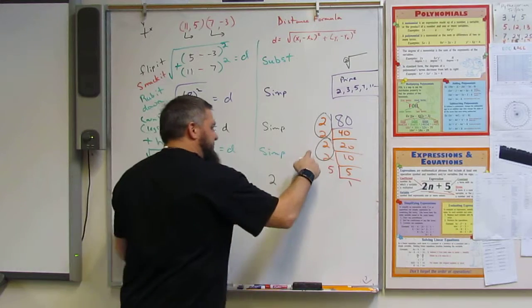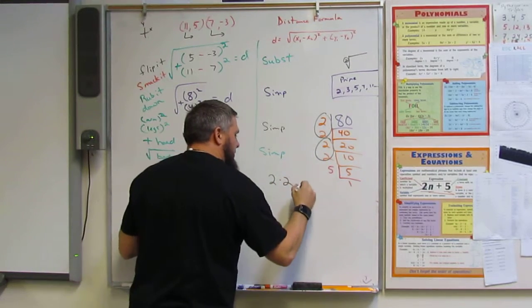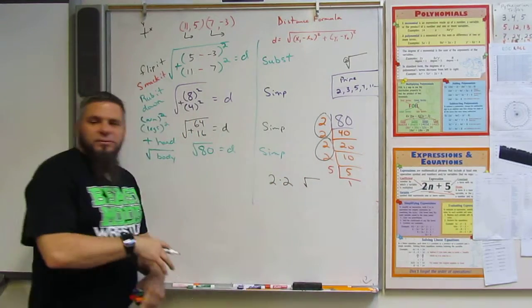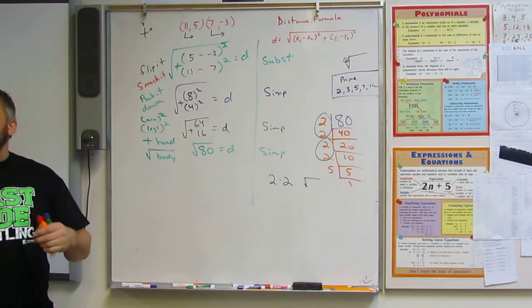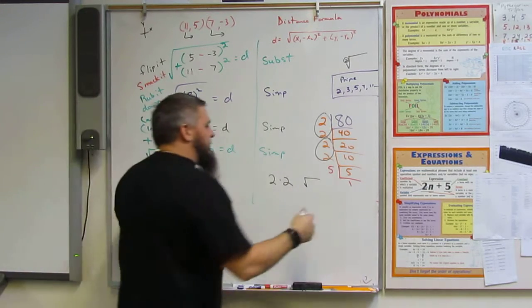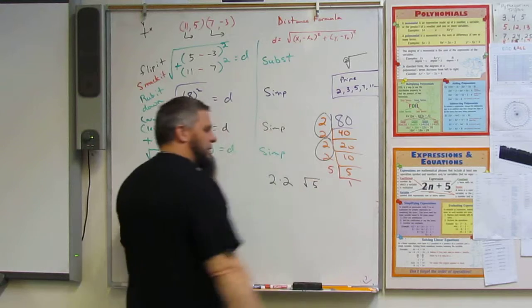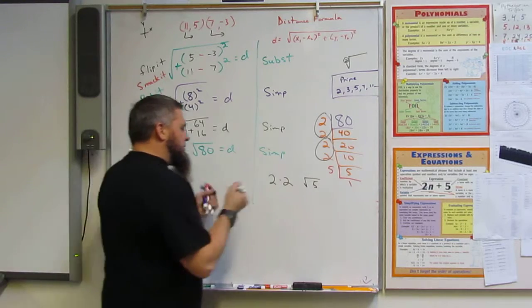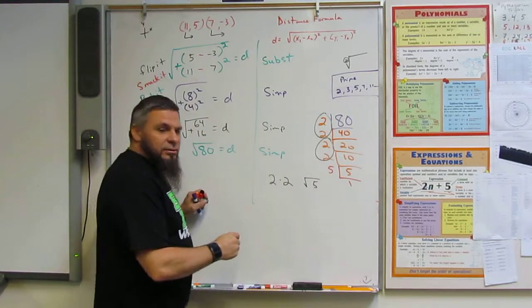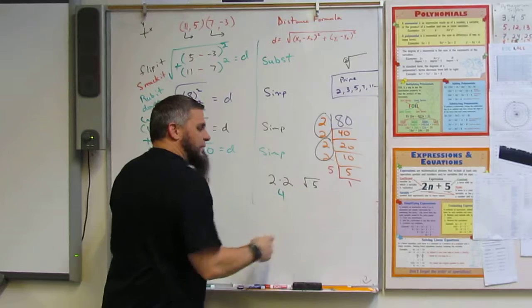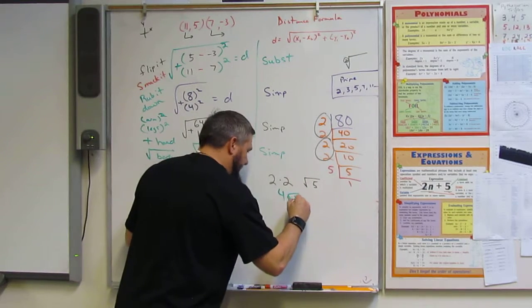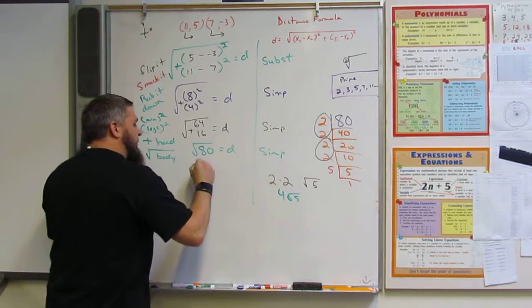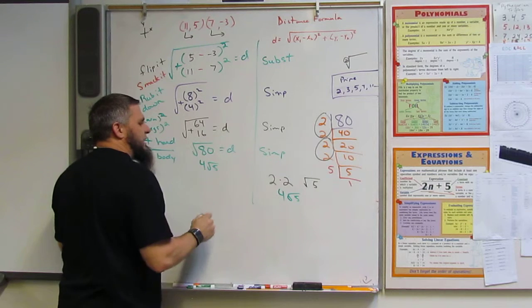And for this pair of 2's, I'm going to write 2. And whatever is left over, not paired up, is going to go into the radical. Now I've got 2 times 2, which is 4, and square root of 5. So this is 4 square roots of 5.